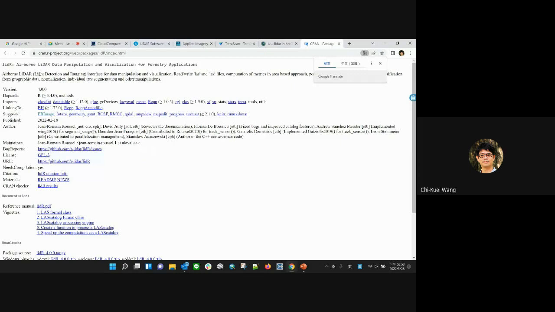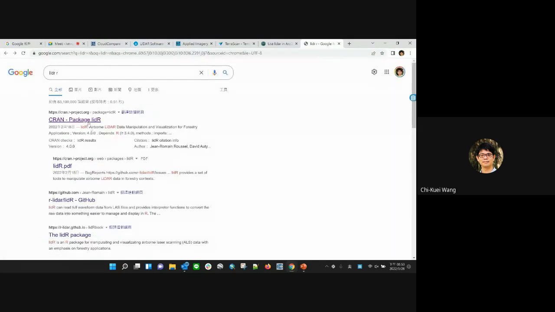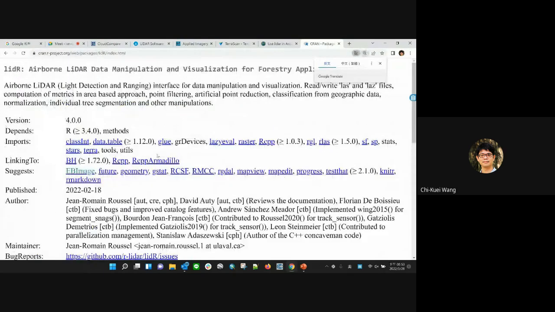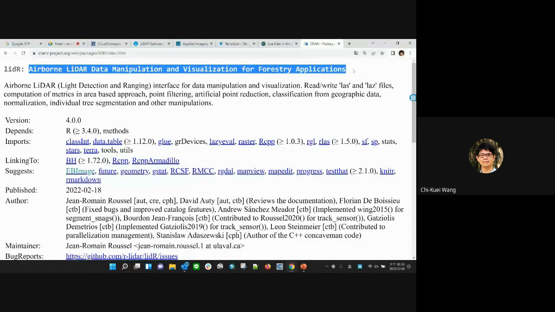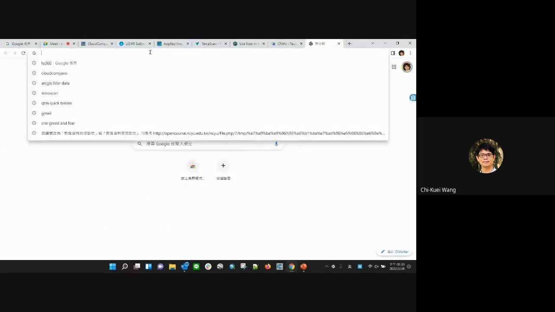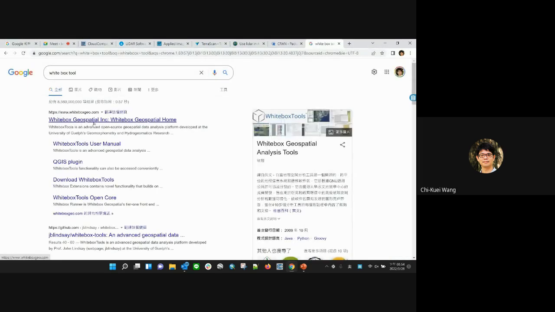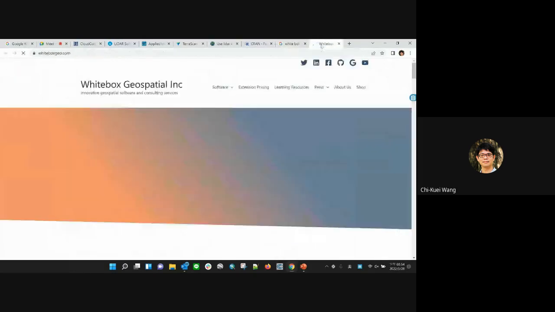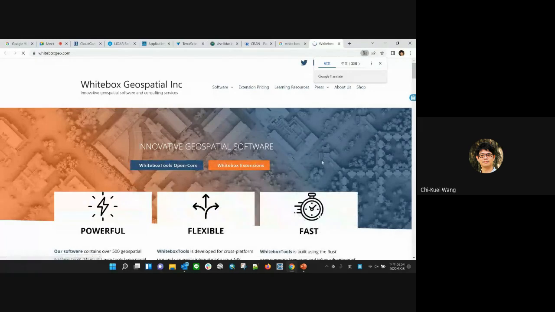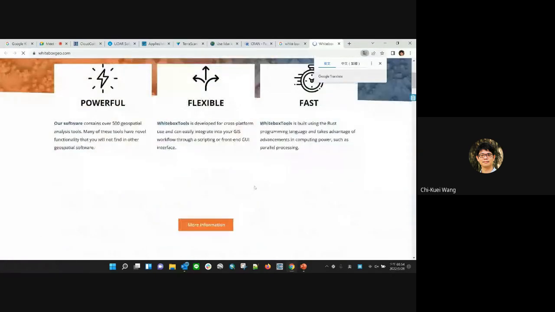And one more thing, if you can do programming, there is an airborne LiDAR data manipulation and visualization tool for forestry applications. Also Whitebox Tools is another very useful thing here.